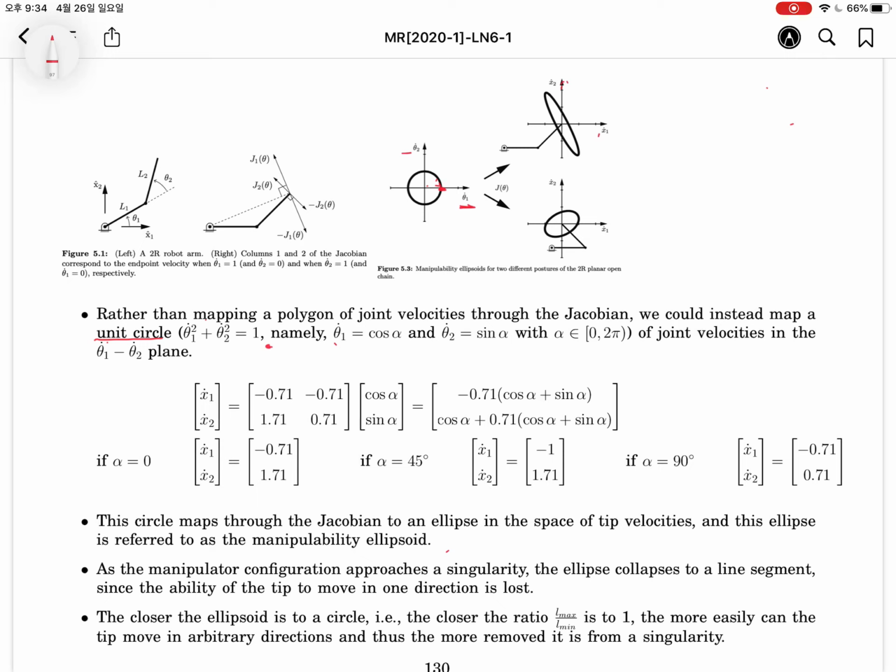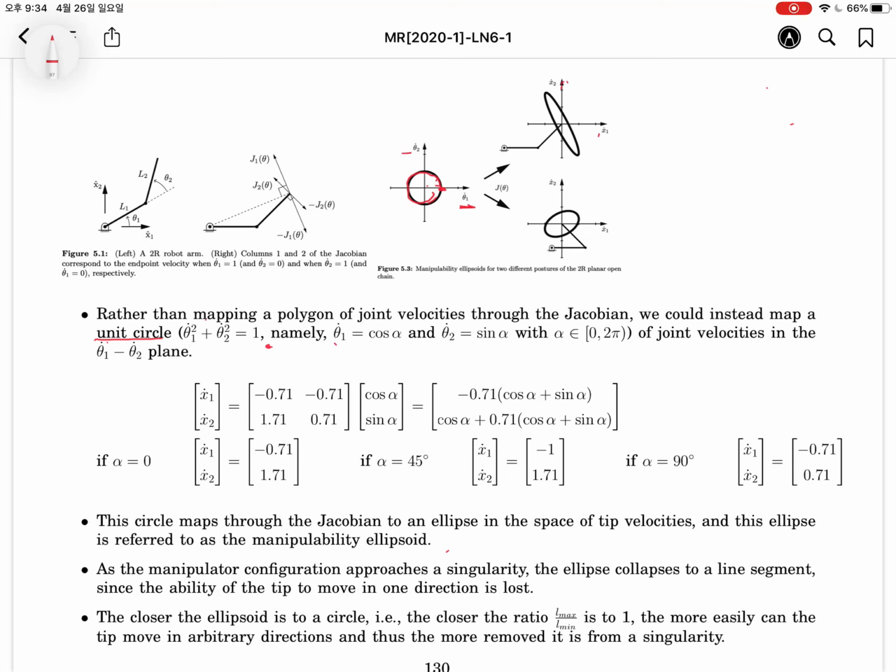According to the angle variable, we can write down the unit circle equation. It is not yet a performance limitation in terms of velocity, but if you multiply by some proportional constant to indicate the maximum speed, we can get some insight into the performance limitation of an n-vector plane.